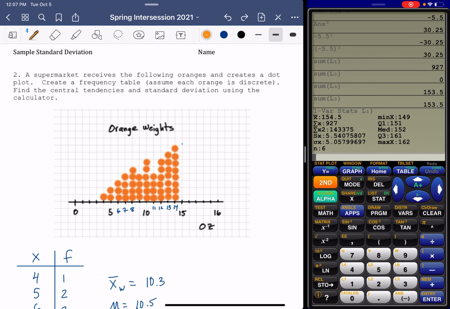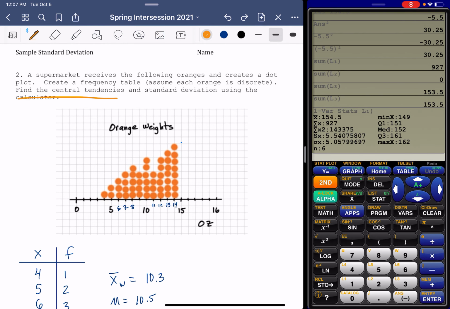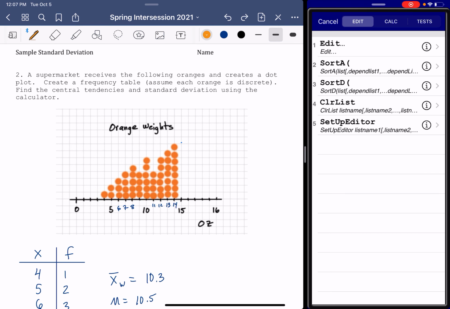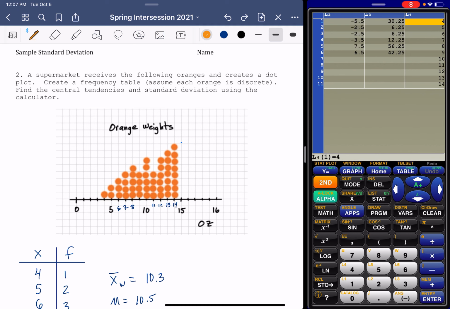Then we have: find the central tendencies and the standard deviation by using your calculator. So what we're going to do here is go to Stat, Edit, and I think I have those values already here.